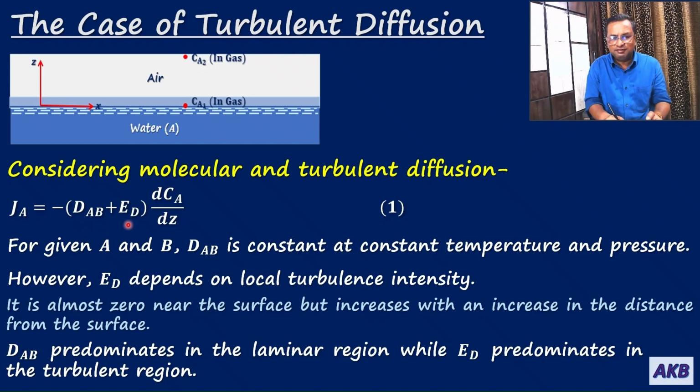On the surface, ED will be 0. Then as you move away from the surface, ED will start becoming predominant. So I hope you have understood how you can use the equation to give the mass transfer rate under turbulent conditions. Let us move ahead.